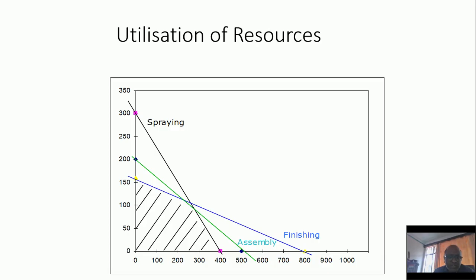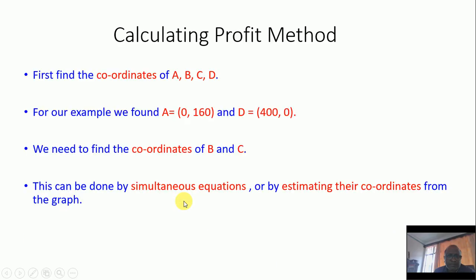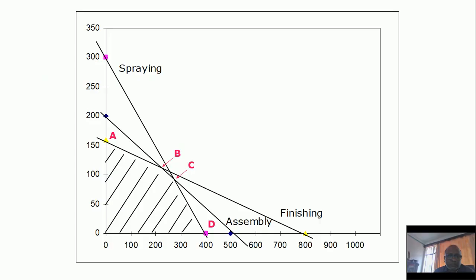So I think that was coordinate B. That's where the maximum profit is happening. Good. Right.